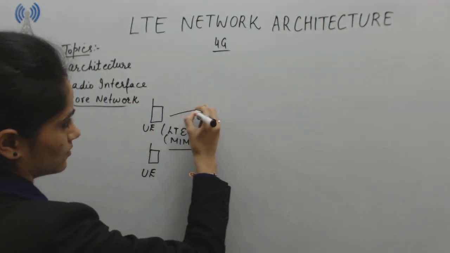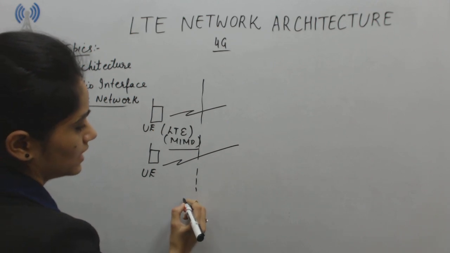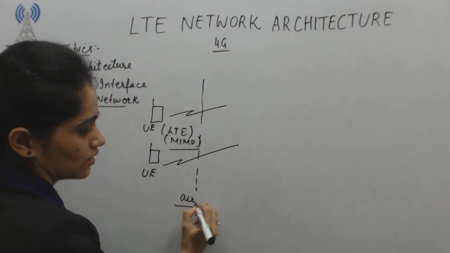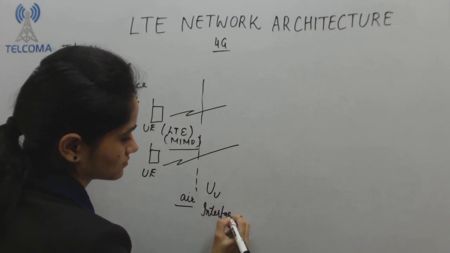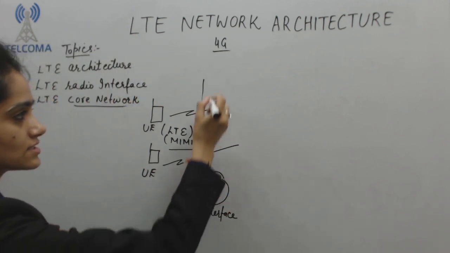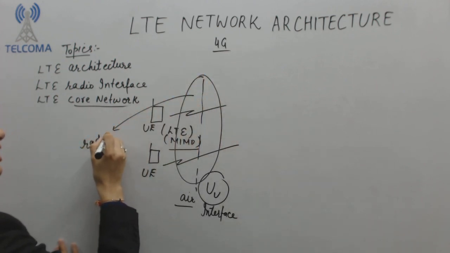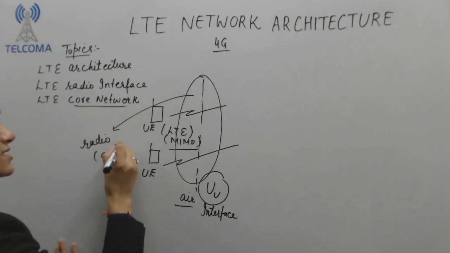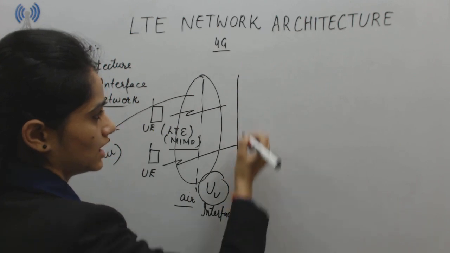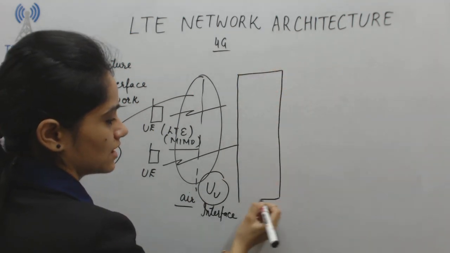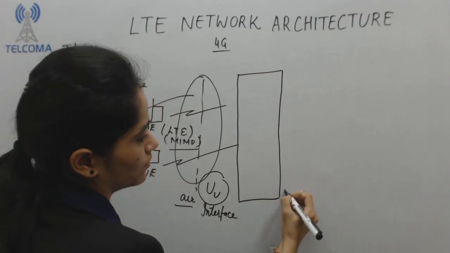Now this UE, with the help of an air interface, which is always wireless connectivity, so this interface should be radio, is named the Uu interface.